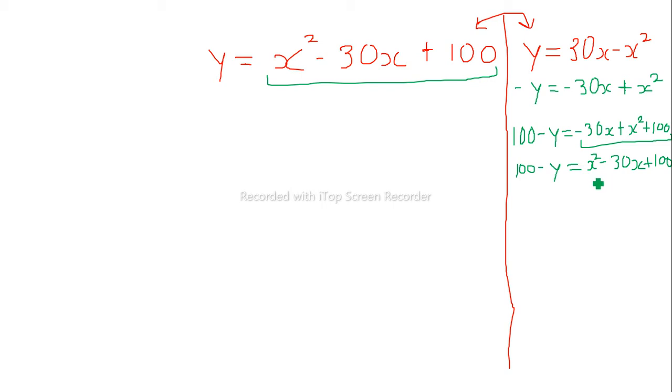So we have this side equal to this side. That's what this is telling us. We know that if x is 0 and y is 0, this will be true. If x is 30 and y is 0, this will work too.